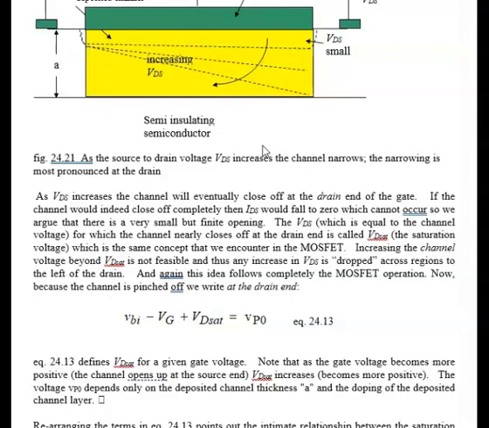I think they're getting into the range of 5 times 10 to the 17th, whereas the deposited channel will be on the order of 10 to the 16th, maybe a little bit above that, but probably less than 10 to the 17th. And of course, one of the reasons we can get away with that is because the A is so big here. The A is huge compared to the T inversion.